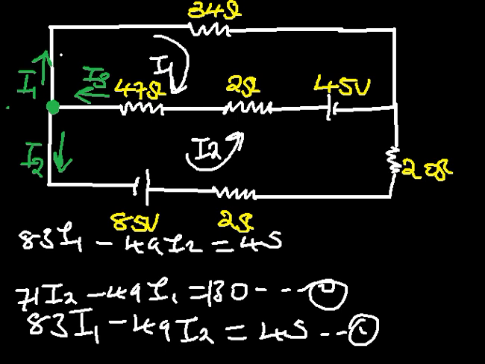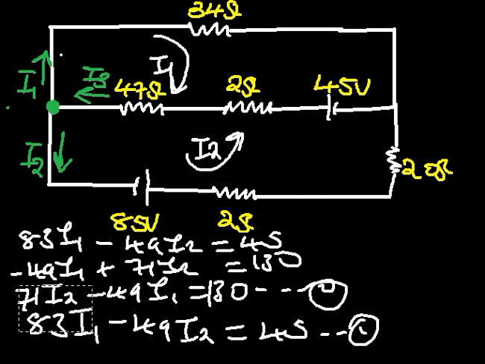Then I also have to bring this one as well, but I should arrange the currents in the same line. So we'll have negative 49 I1 plus 71 I2, which is equal to 130. That's what will happen there.